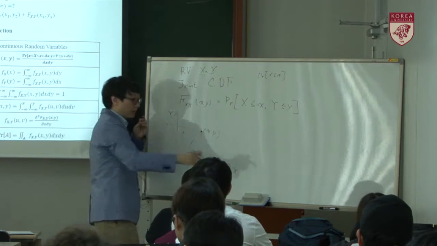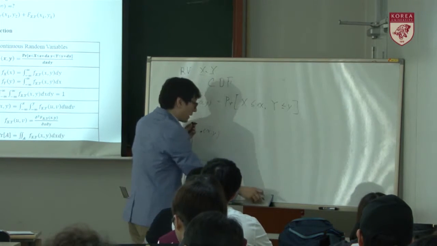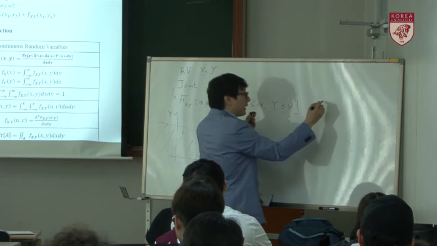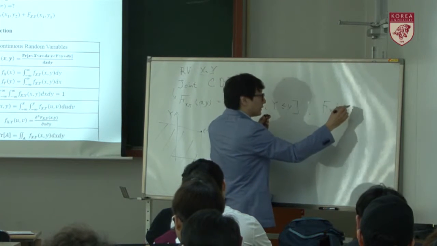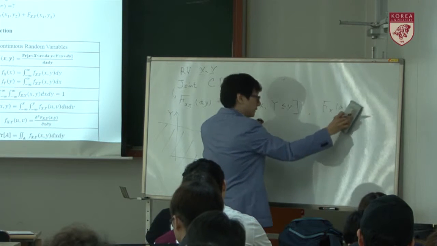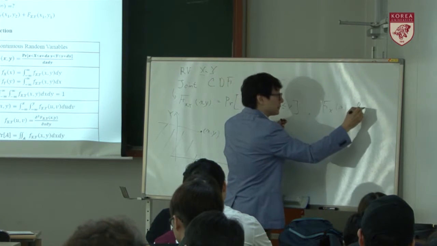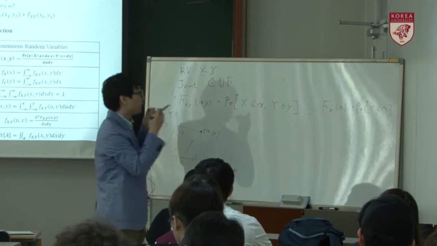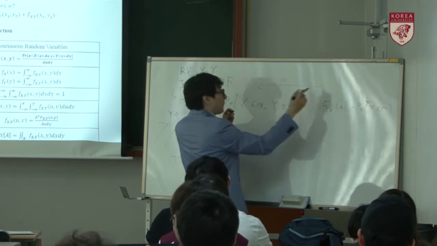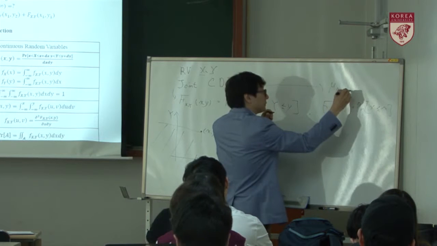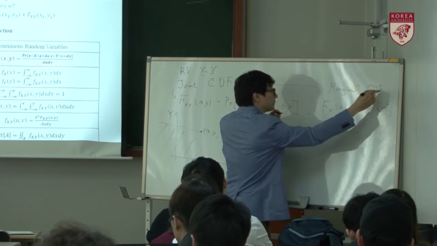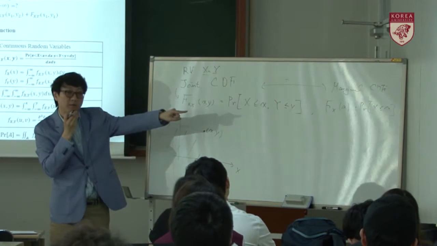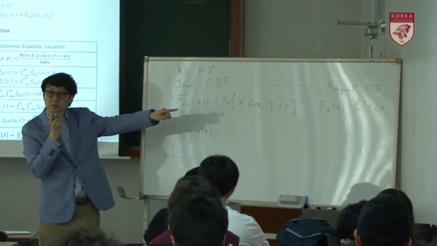Okay, so here is another thing. We say this is a joint CDF, and the CDF of one variable, let's say F_X of x, in contrast to the joint CDF, we call the marginal CDF. So with two variables we say joint CDF, but with one variable we often call it marginal CDF.